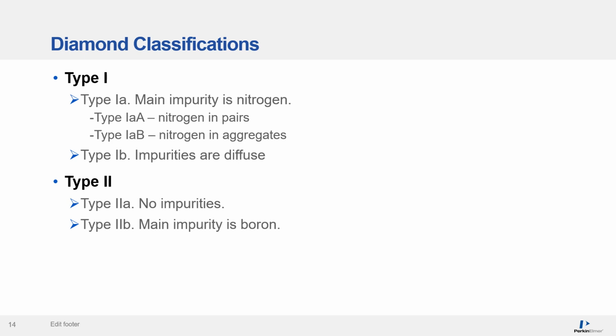In these diamonds, the nitrogens can be in pairs, type 1AA, or in aggregates, type 1AB. In type 1B diamonds, the impurities are diffuse. Type 2 diamonds have virtually no nitrogen impurities. Type 2B having very small amounts of boron as impurities.